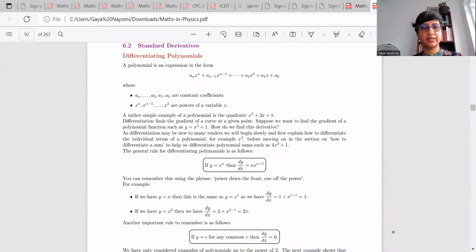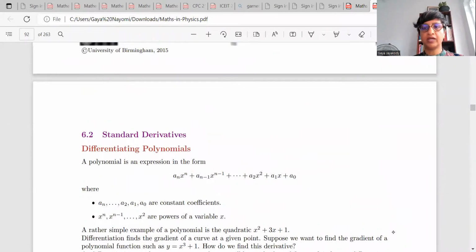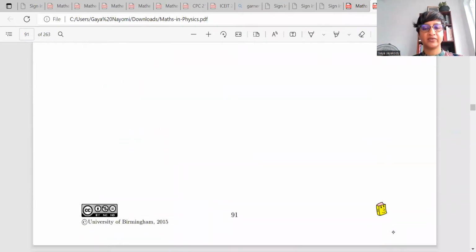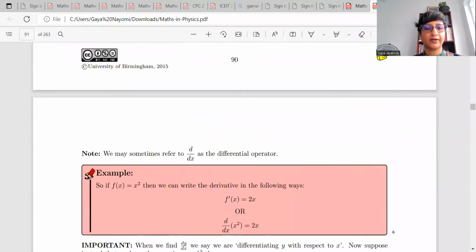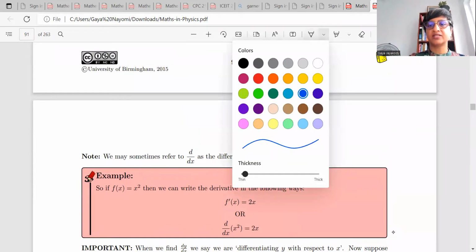This is the book that I have given you, and I'm looking at page 92. Differentiation starts from, I think, page 87, and you can read this also.